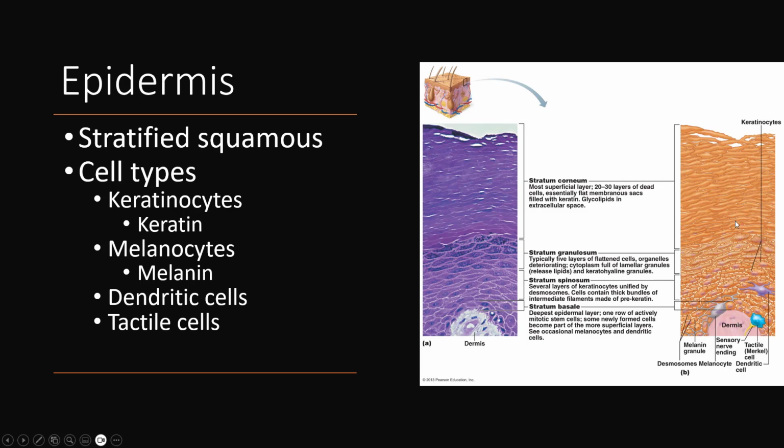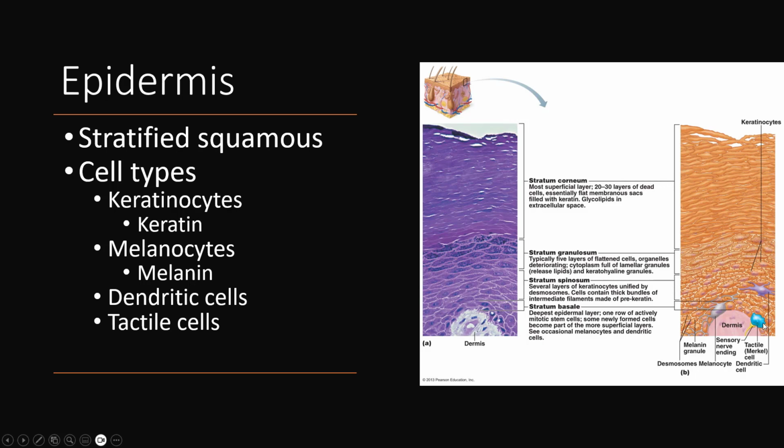But we need to get sensation to our nervous system. So one of the things that our body does is it has, sitting right at the very base of the epidermis, these tactile cells, and just deep to a tactile cell, attached to the deep surface of it, is a nerve ending.